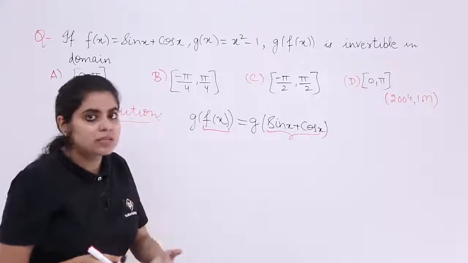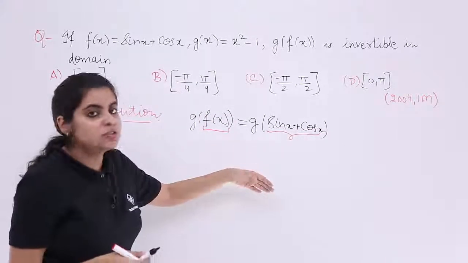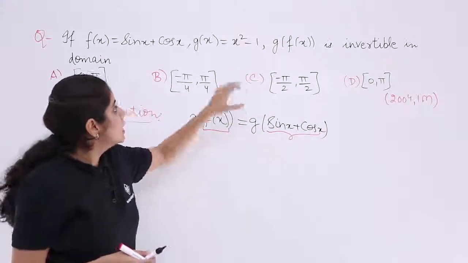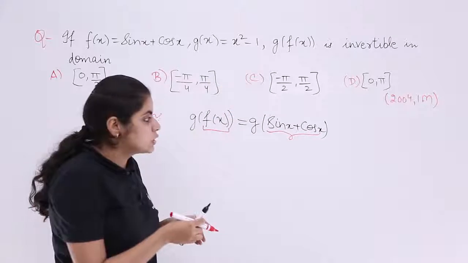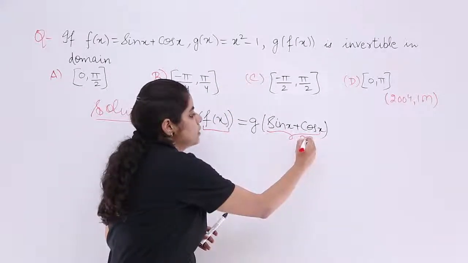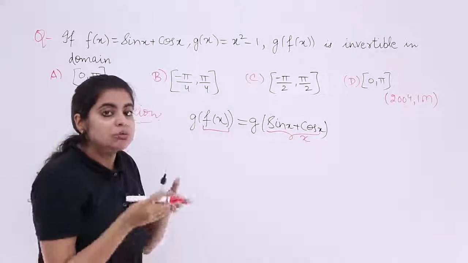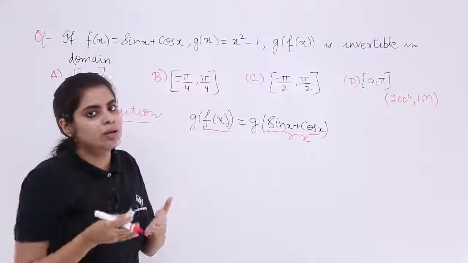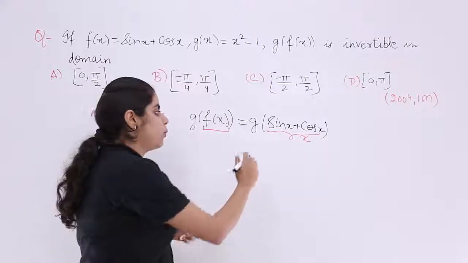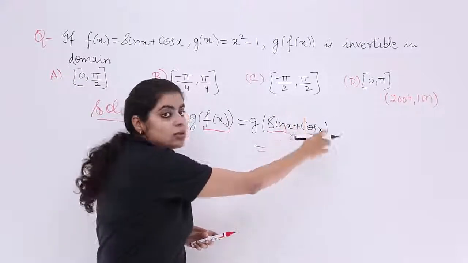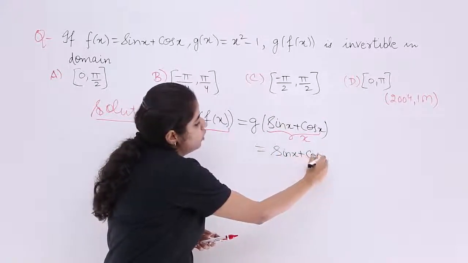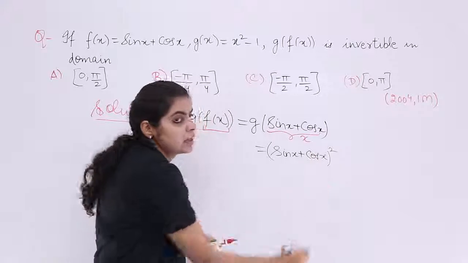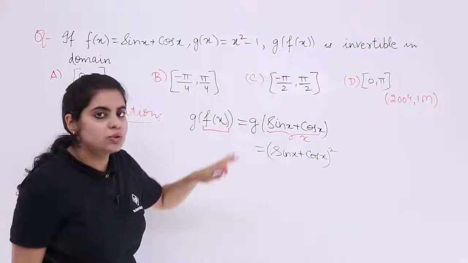Now, what is the formula given for g(x)? g(x) is given as x square minus 1. So, if you treat sin x plus cos x as x, you need to find x square minus 1. x square is the whole thing's square, which is (sin x plus cos x) whole square, and minus 1 is there, so you cannot change this.